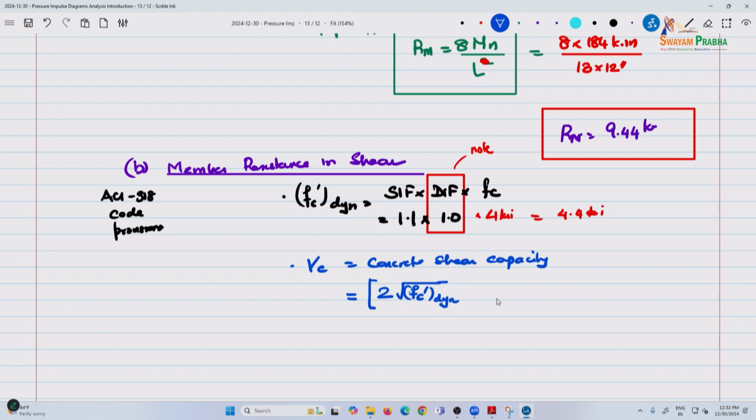You probably get another 20-30% more if you include the shear due to the other actions, but let us keep it simple: width multiplied by the depth. So, 2 square root of 4,400, this should be in psi, that is one of the requirements.